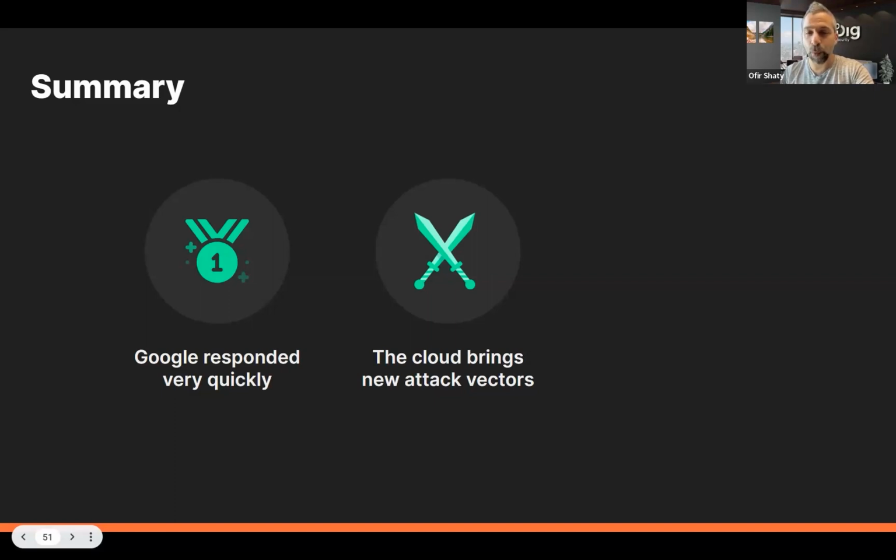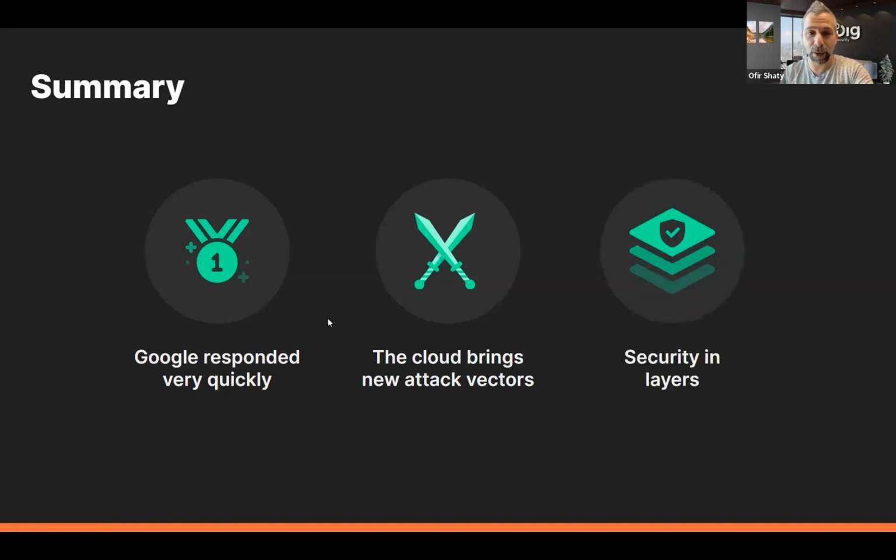And the main point that I want you to take from this presentation is that in the cloud era, there are more paths to the data, and not all of them are so obvious, but the attacker knows it and uses it. And that brings me to the last takeaway, which is the importance of security in layers, or in depth.